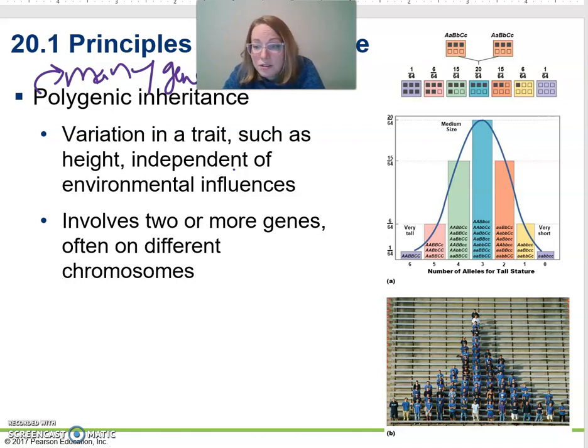Height also. And what you'll see there is that, like this for height shows all the tall version, all the short, and most of us are somewhere in the middle, this like bell curve. And so here's men standing out at different heights. Some very short, some somewhere in the middle.